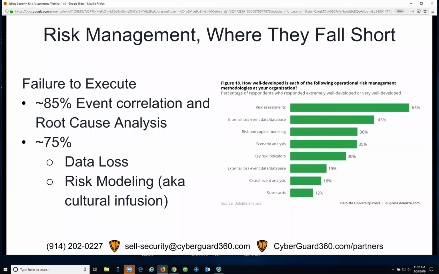Some 75% of them also say that they do a poor job protecting data from loss, or infusing a risk-secure posture into the company, changing the culture so that everybody becomes a defender of the enterprise from a risk perspective.